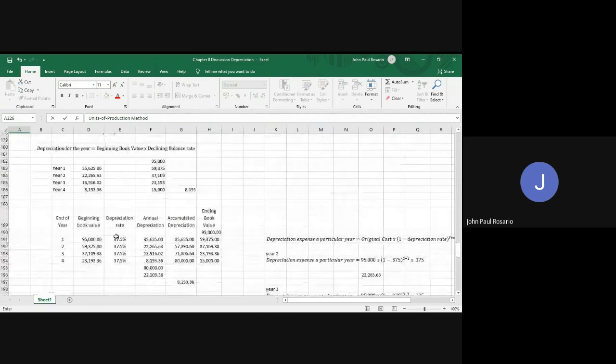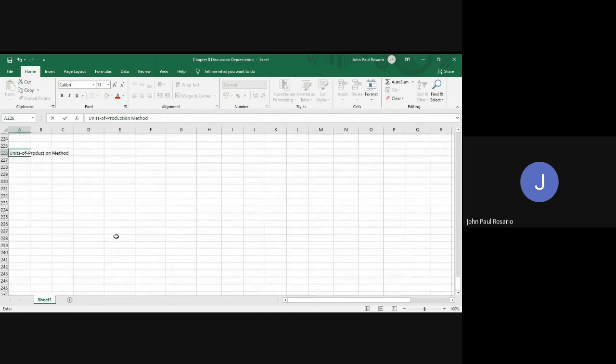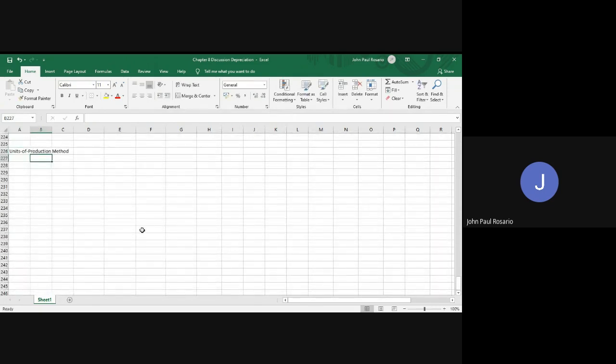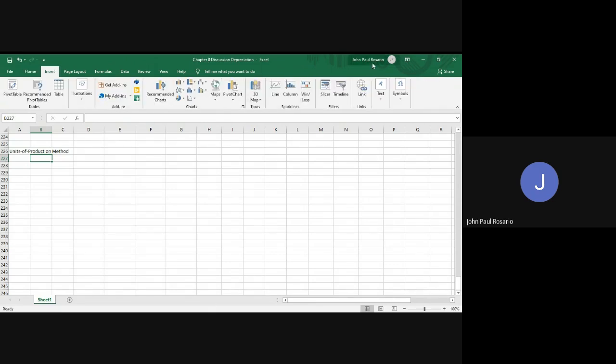Because for our total depreciable value, it's total cost minus the salvage value, and then we'll have to compute for the depreciation per unit.